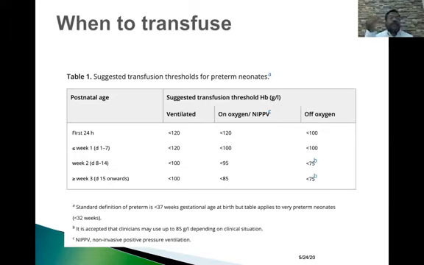And as you see, the ventilated babies definitely need to be having higher hemoglobin. So the threshold is slightly higher compared to those babies who are completely stable. And as the weeks go by, even the ventilated babies, we can have restricted transfusion policies.